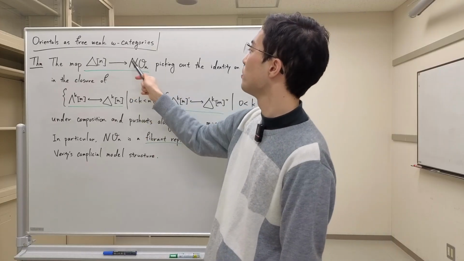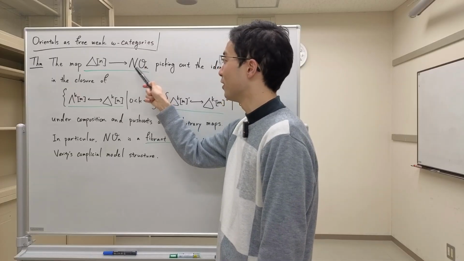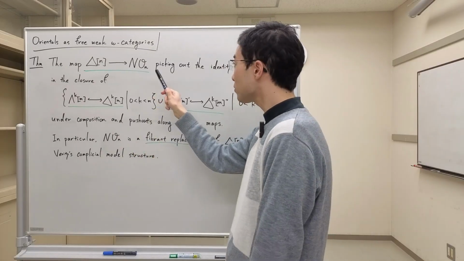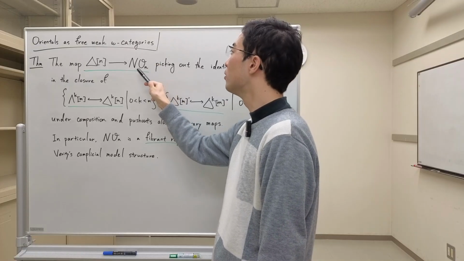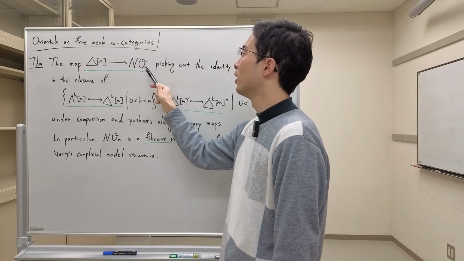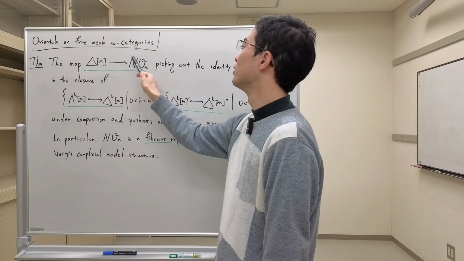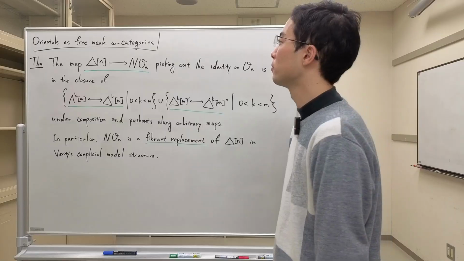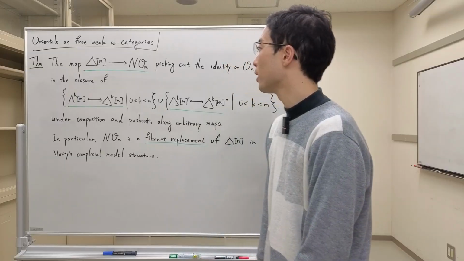And what is this map doing? Well, this nerve functor was defined by mapping out of the Orientals. So if you take the nerve of the nth Oriental, then there is an n-simplex in that simplicial set corresponding to the identity on the nth Oriental. So what this is doing is just picking out that n-simplex.